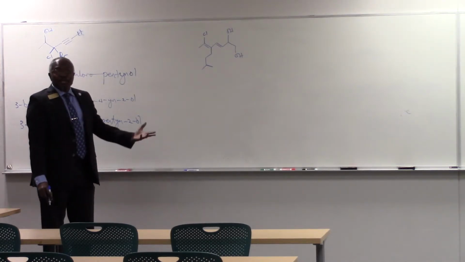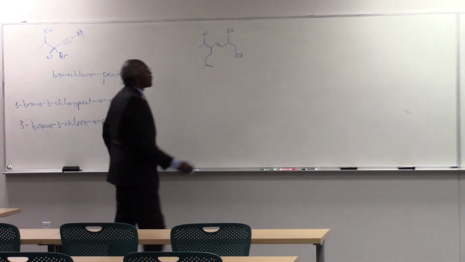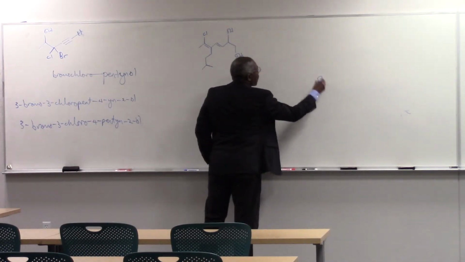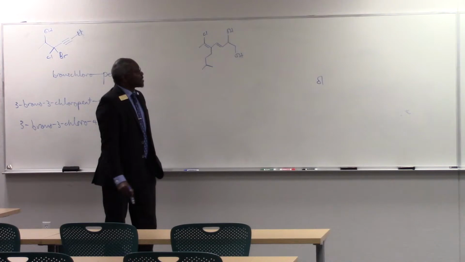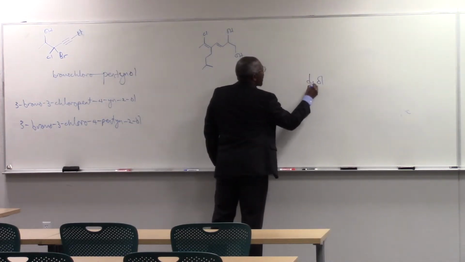Again, my major functional group here is an alcohol, the hydroxy group, so the compound is an alcohol. So I'm going to write "ol". But it turns out I've got 2 hydroxy groups, so this is a diol.